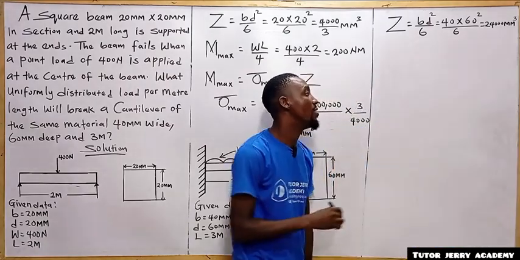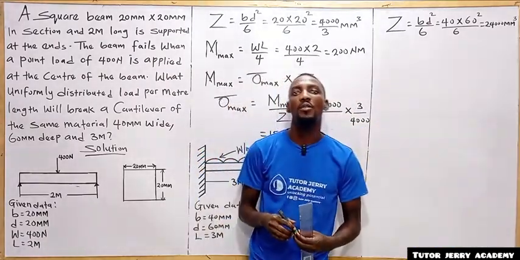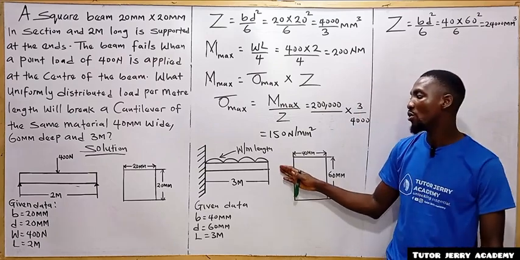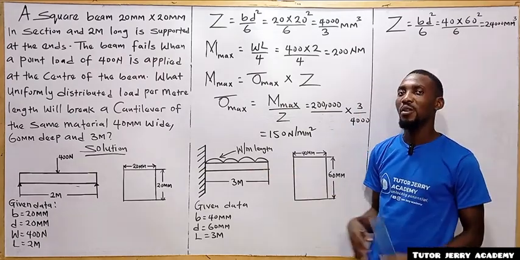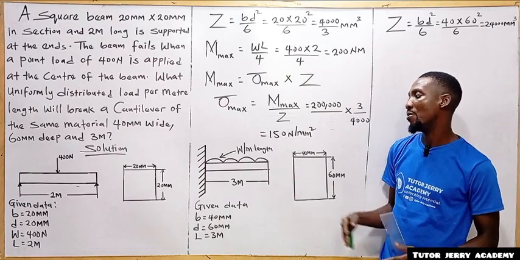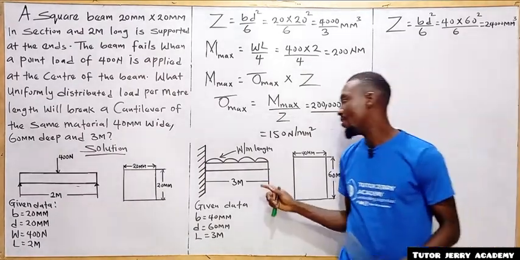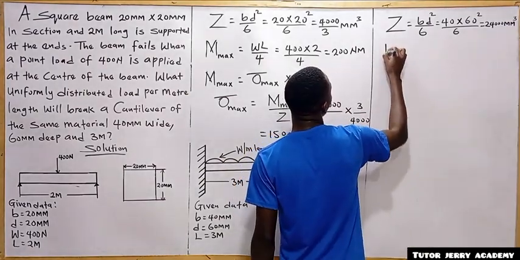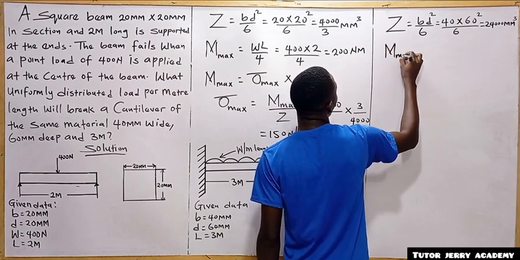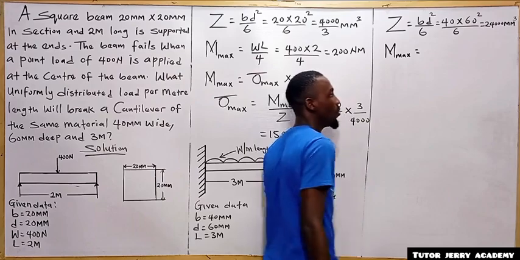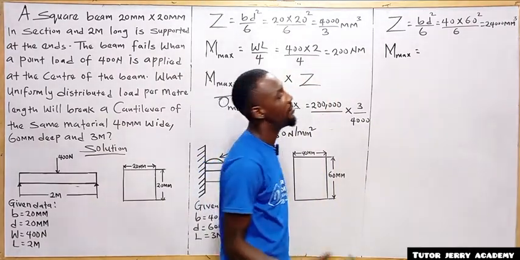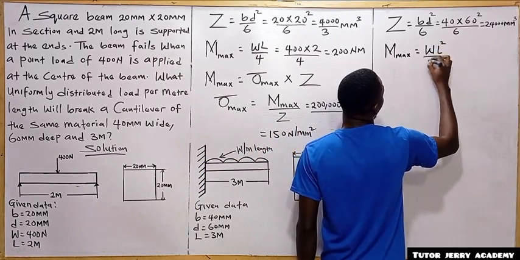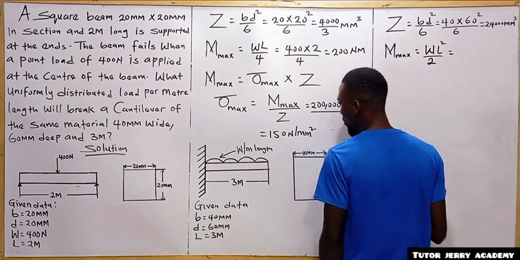Now the next thing is we are going to go for our maximum bending moment for this cantilever beam. We have also talked about the maximum bending moment for this case of cantilever. So if we have a cantilever with a uniform distributed load, the formula for the maximum bending moment is going to be equal to WL square divided by 2.